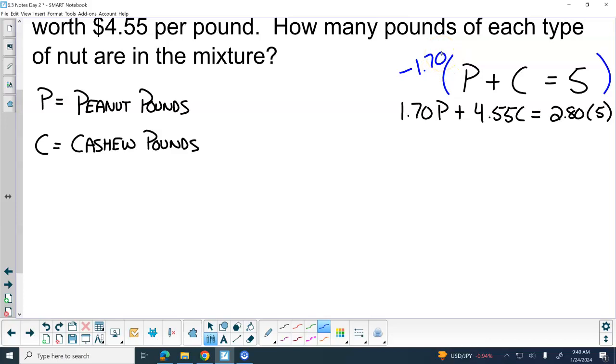That gives me negative 1.70p minus 1.70c equals negative 8.50.